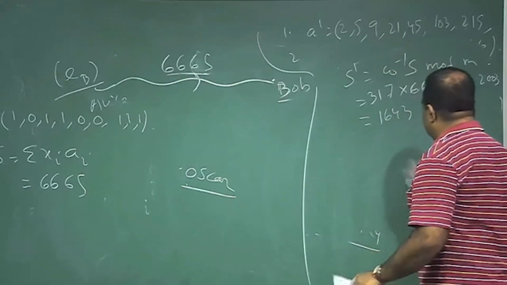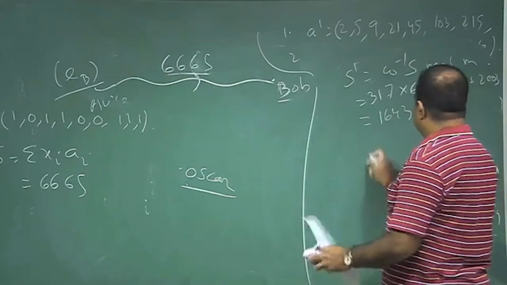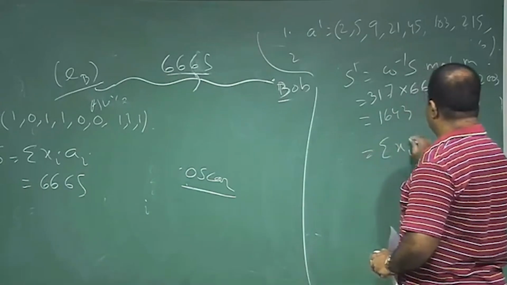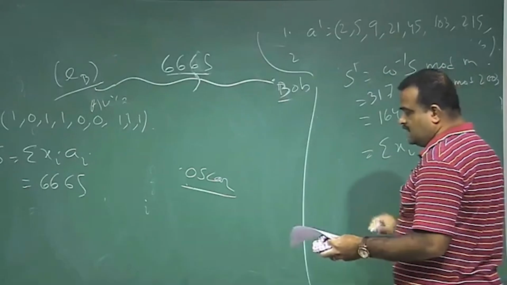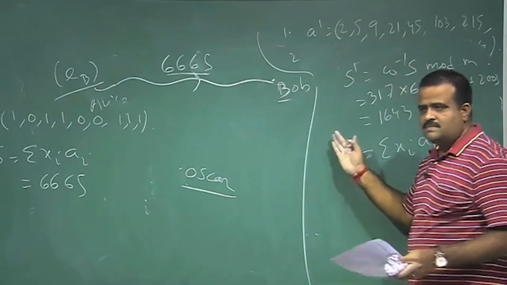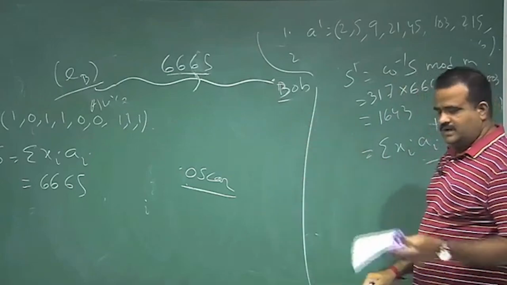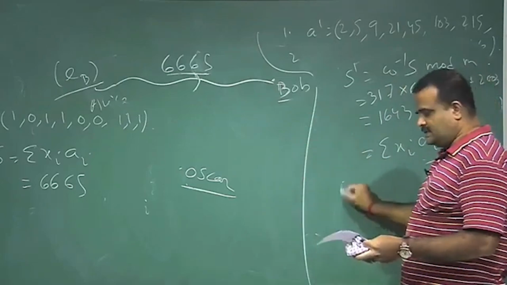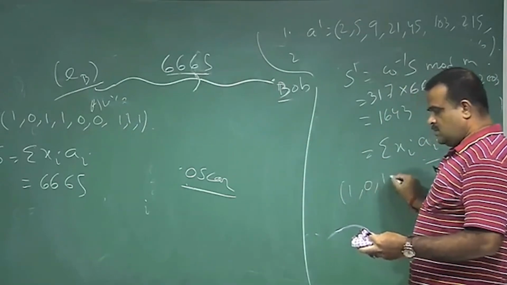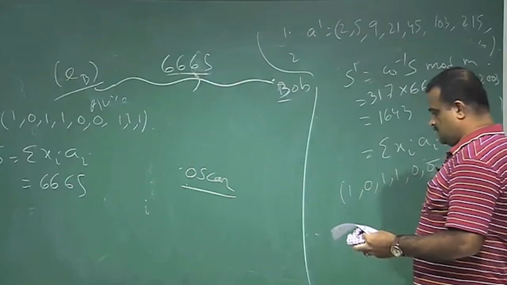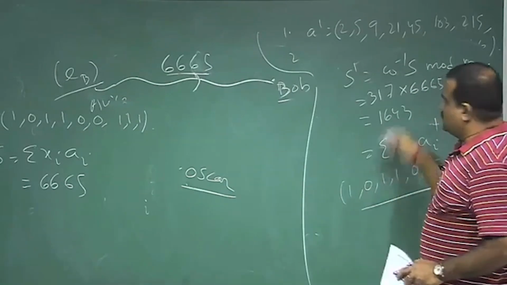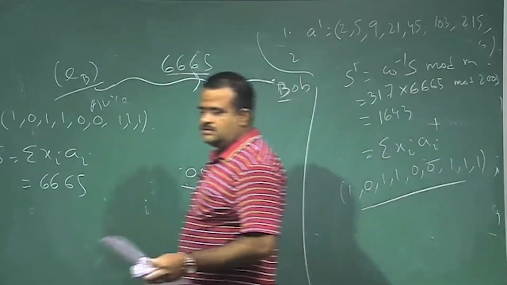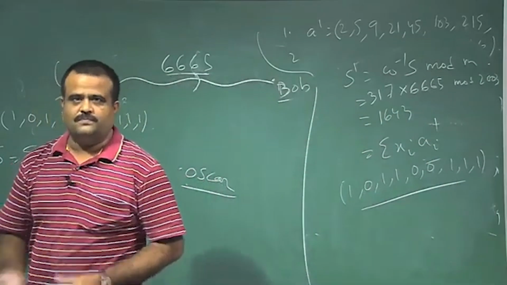So now we know this is basically the summation of x_i A_i prime, where this sequence is super increasing. Now Bob can apply the polynomial time algorithm which you have seen, and Bob can get the plain text 1011001110. So this is the decryption. So this is the knapsack cryptosystem. Thank you.